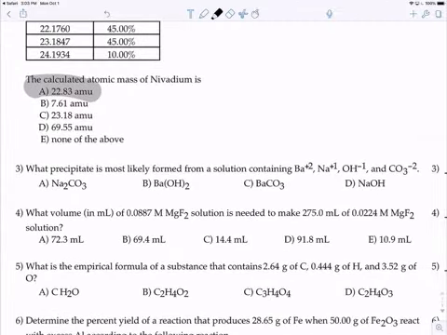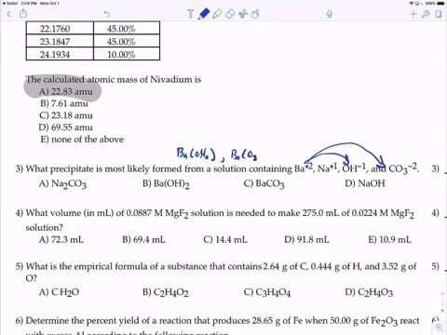So what precipitate is most likely to be formed from the solution containing barium plus 2, sodium plus, hydroxide minus, and carbonate? So when these mix, barium's going to mix with hydroxide and carbonate. All sodium salts are soluble, and you have to look between barium hydroxide and barium carbonate.